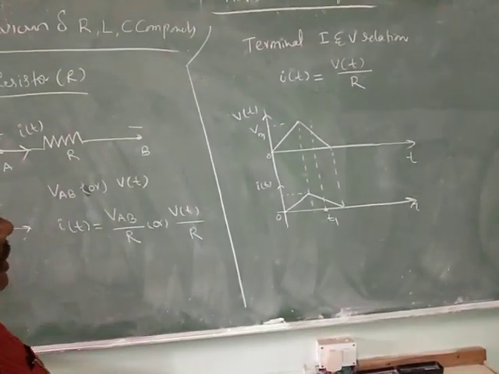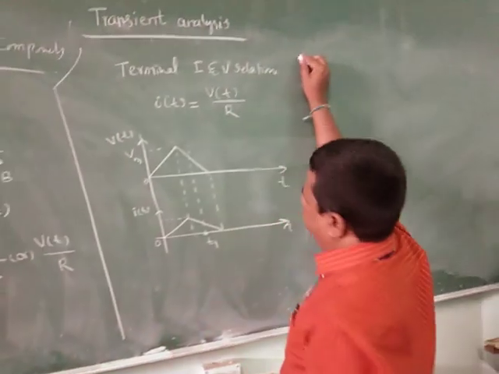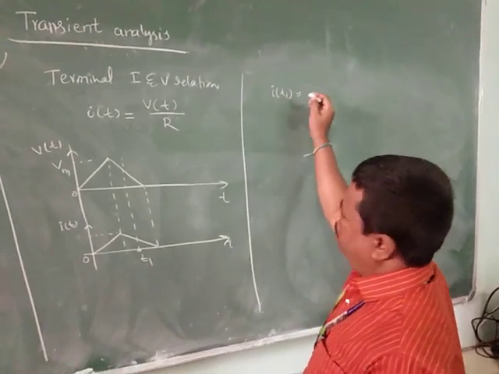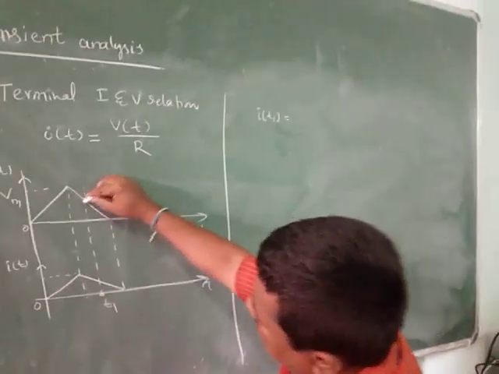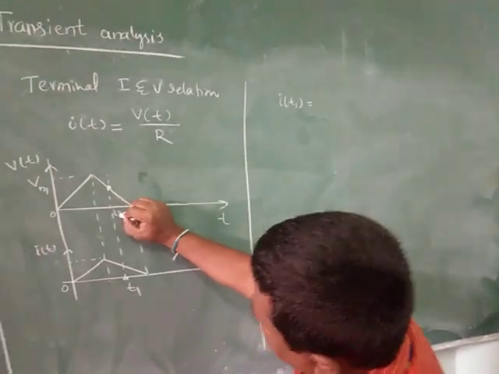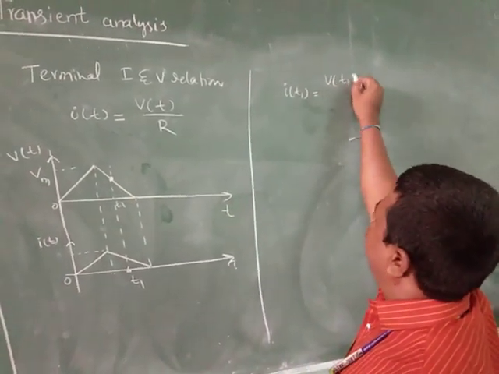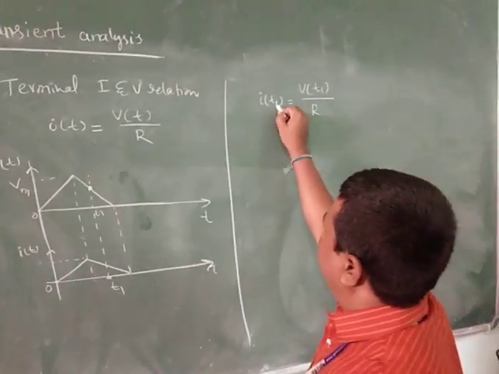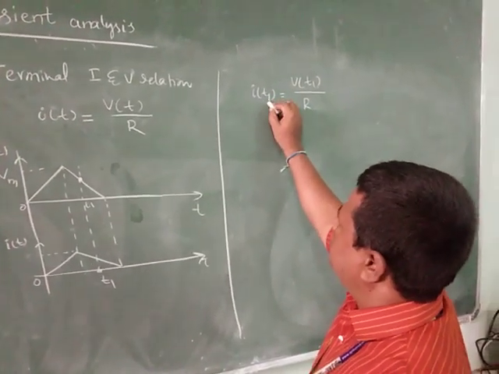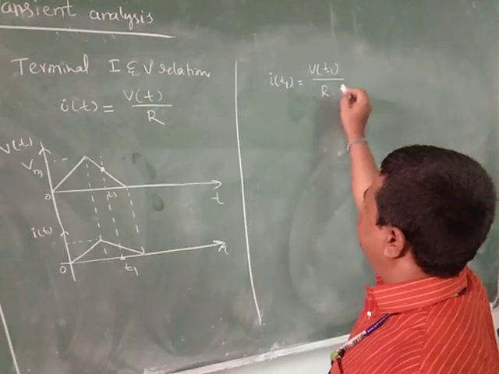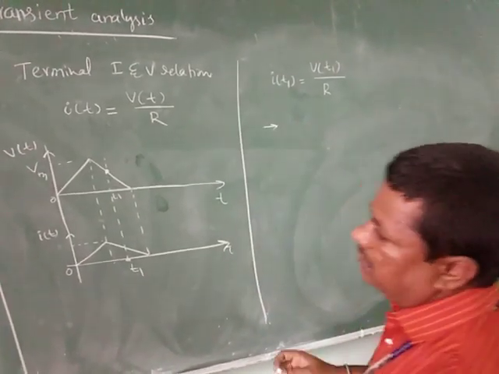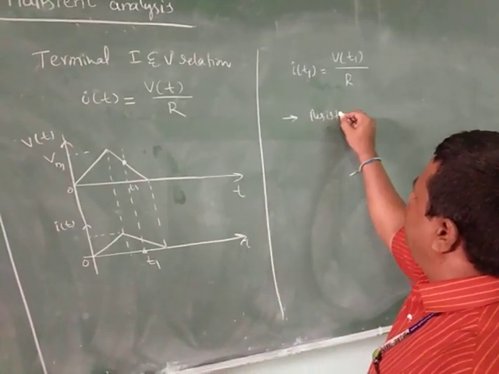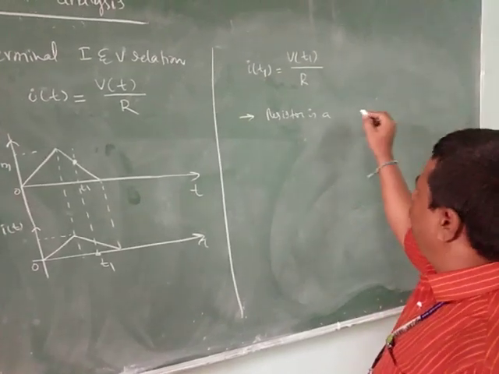I of T1 mainly depends upon the instantaneous voltage at that time instant, so V of T1 by R. That means the instantaneous current depends upon the instantaneous voltage divided by R. So based on this we can say that the resistor is a memoryless element.